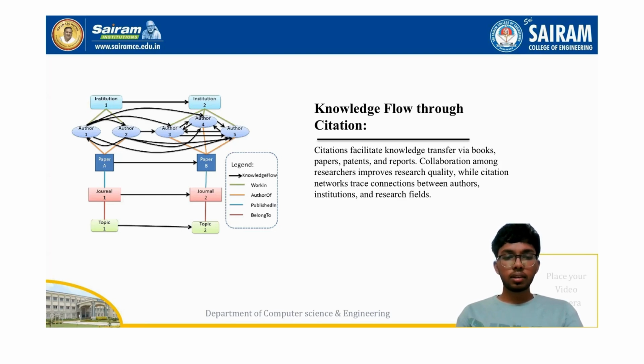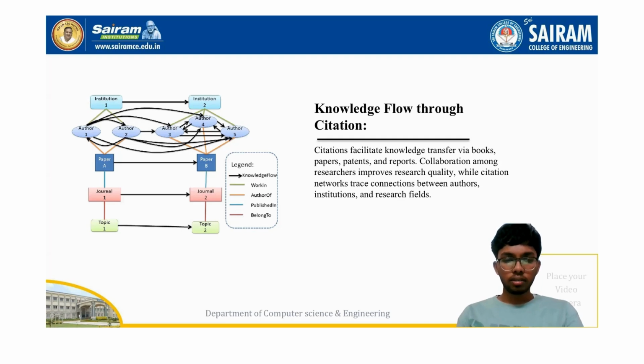And next is cross-disciplinary knowledge. Citations allow knowledge to flow between disciplines. For example, medical research might cite engineering studies that develop new diagnostic tools, and engineering studies might cite biological research for new applications of new technology.